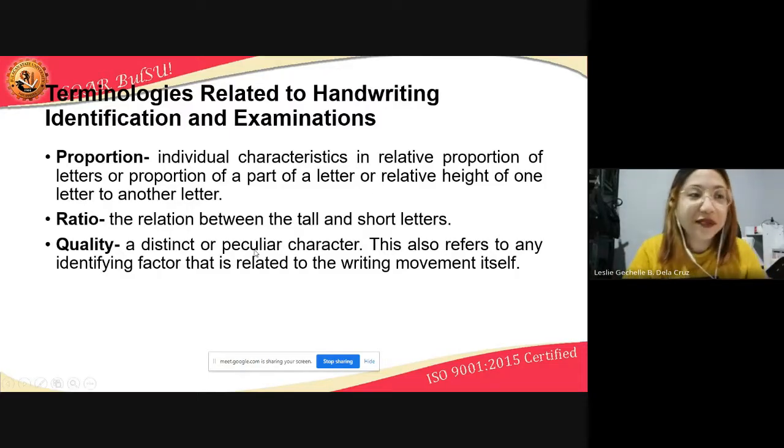For example, etong word na one, O-N-E. Imagine niyo na yung isa ay font size 36. Sabi natin yung letter O, font size 36. Then, yung N ay font size 8.